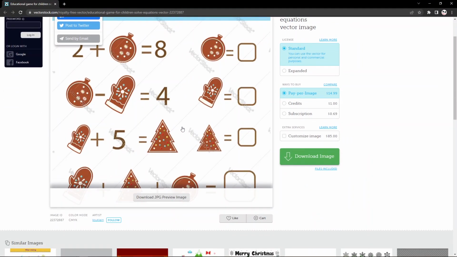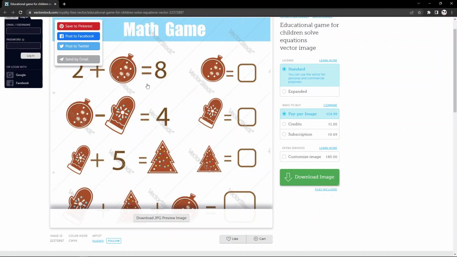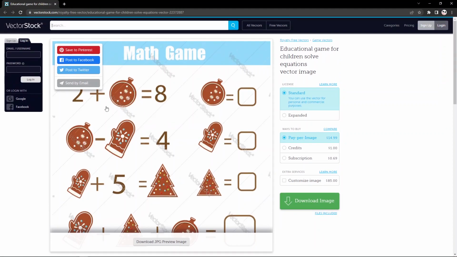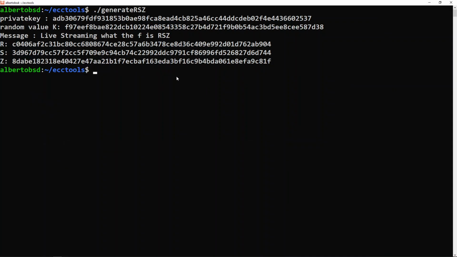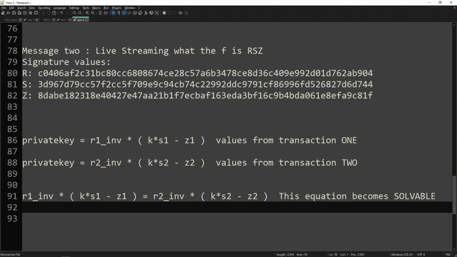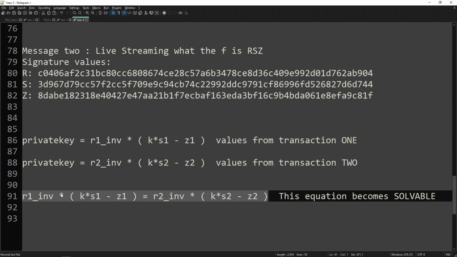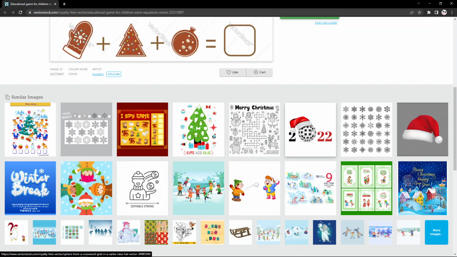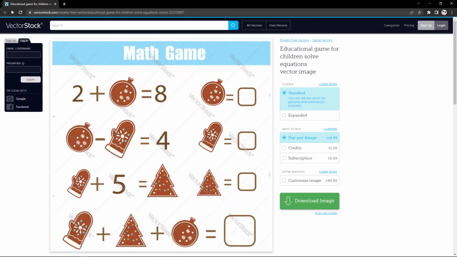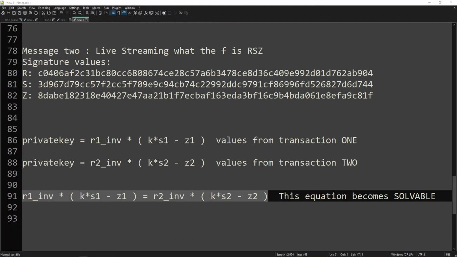I bet that you have already seen some equation like this. So if you can solve this equation, you also can solve this value. It's just child's play for school children. Let me share another one with you.